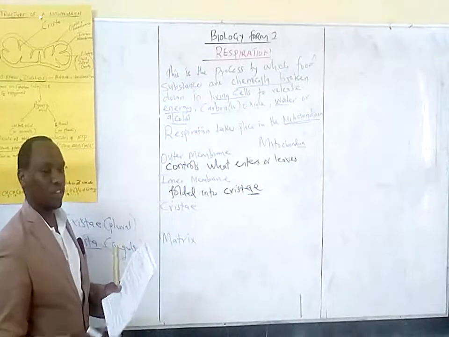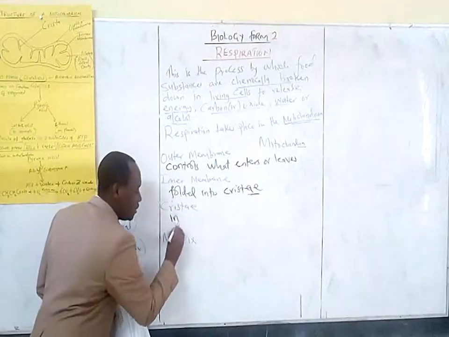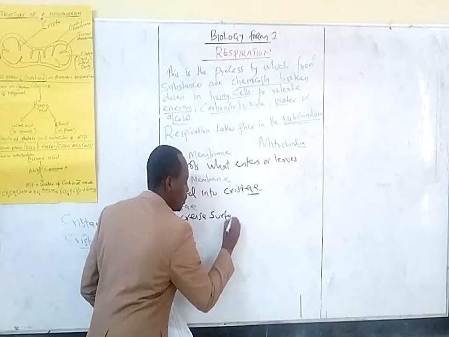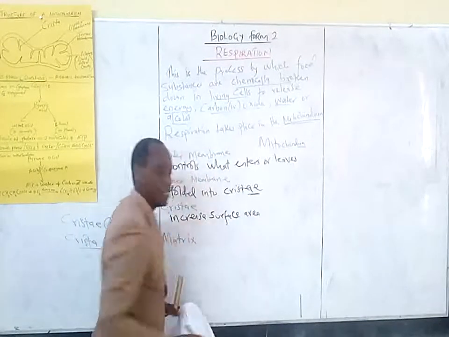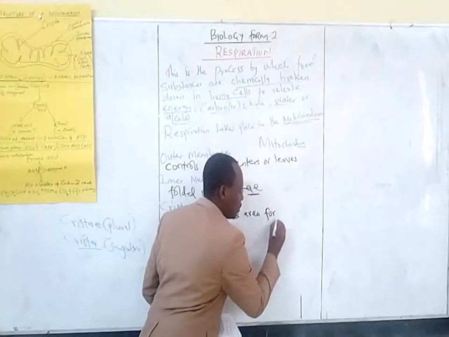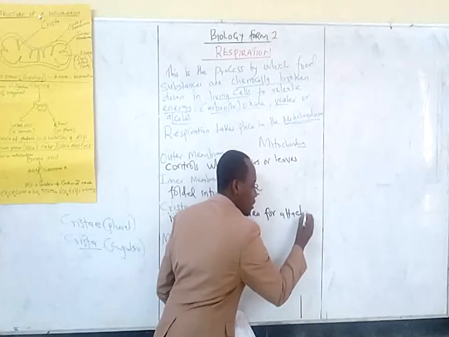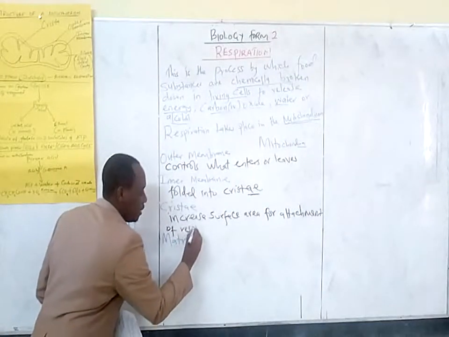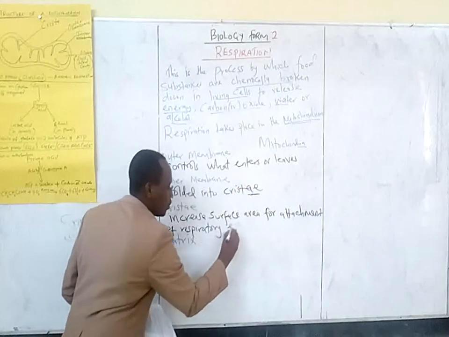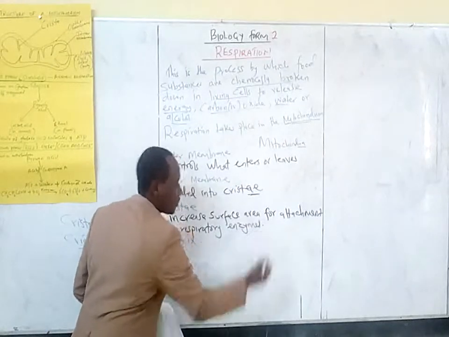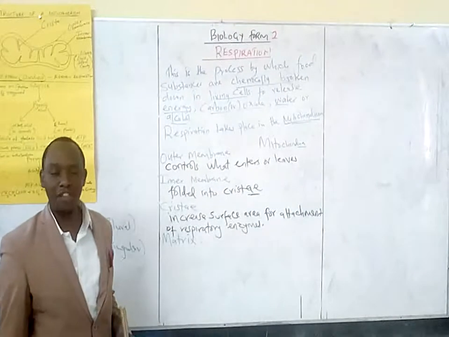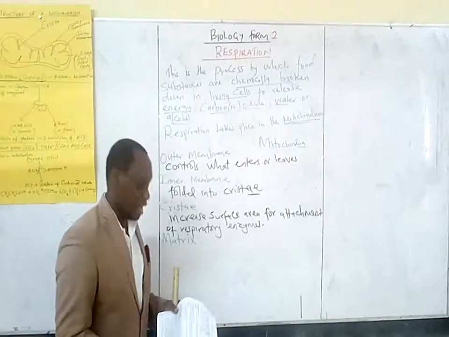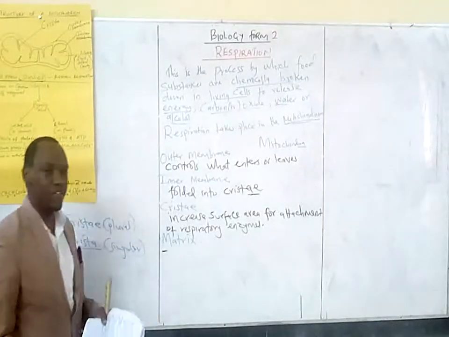And what is the function of cristae? They increase surface area for attachment of respiratory enzymes. And these respiratory enzymes are the ones that catalyze, speed up the rate of chemical reaction. What about the matrix, the fluid-filled cavity?